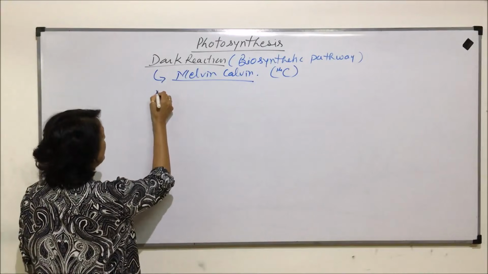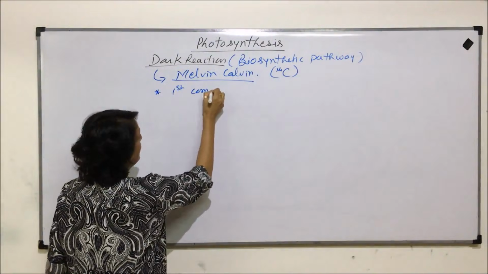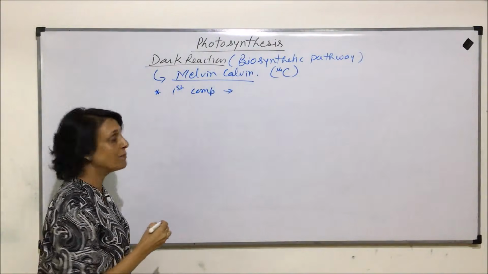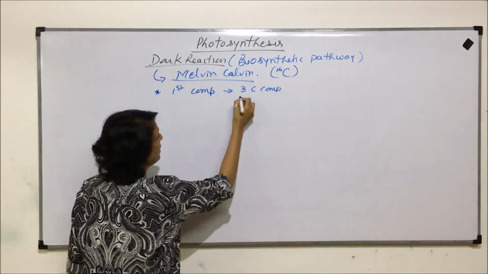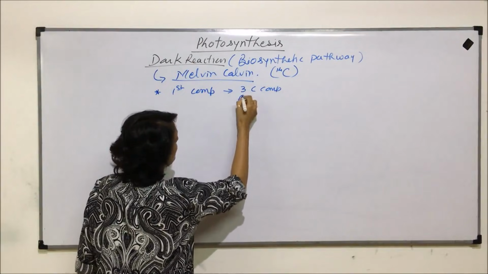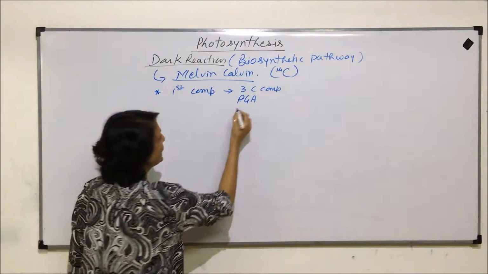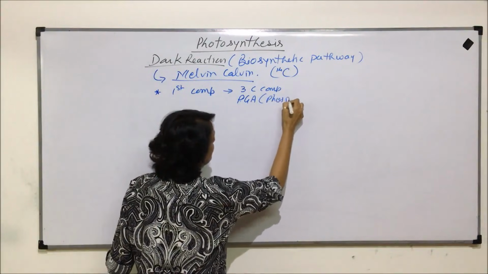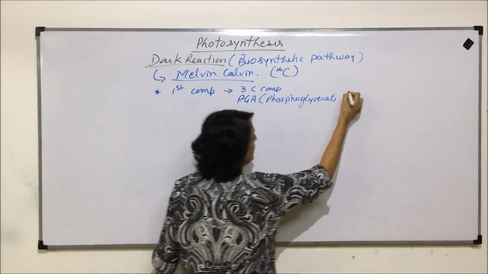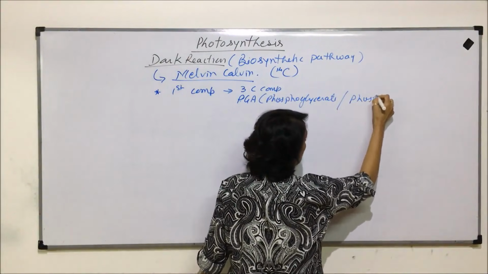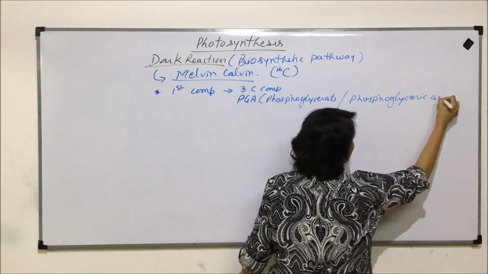The first compound which is formed is a 3-carbon compound called phosphoglycerate or phosphoglyceric acid.